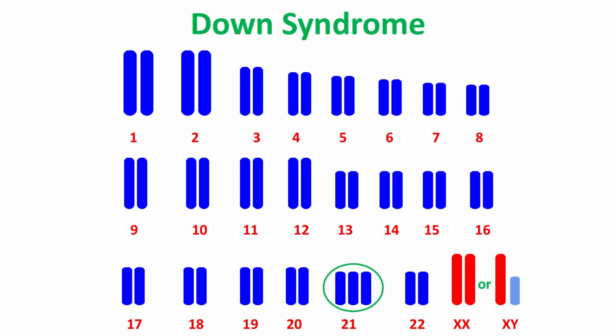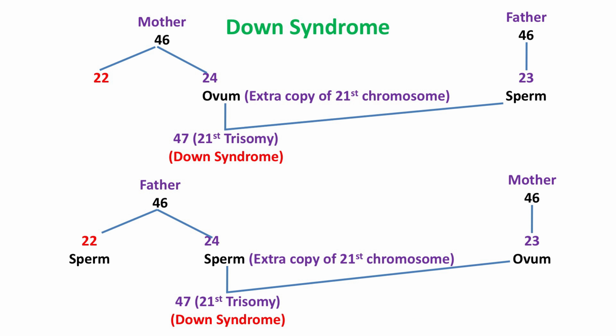Then what are the possible causes? You see, due to non-disjunction of the 21st chromosome during gamete formation, defective sperm or ovum are produced. If the offspring receives 2 copies of the 21st chromosome from mother through ovum and 1 copy of the 21st chromosome from father through sperm, then it causes 21st trisomy.